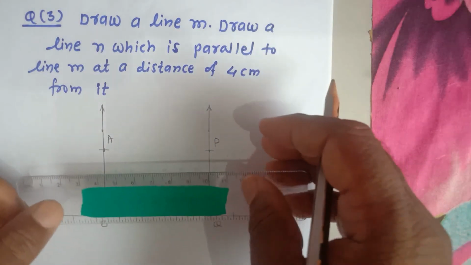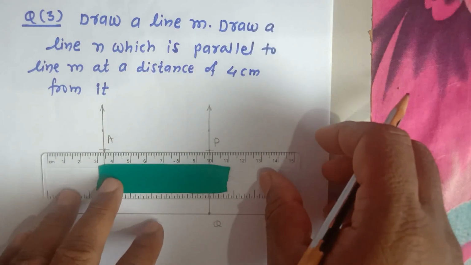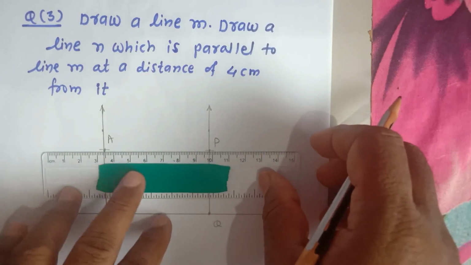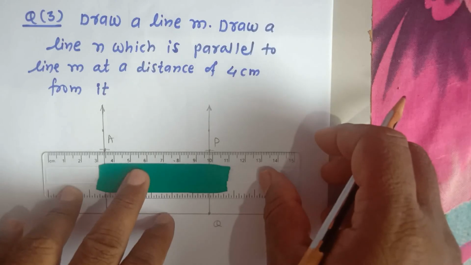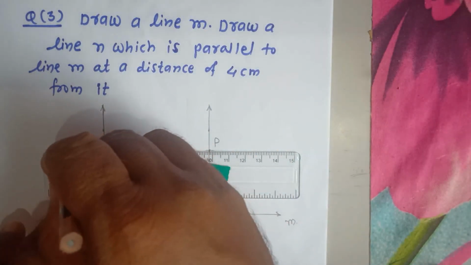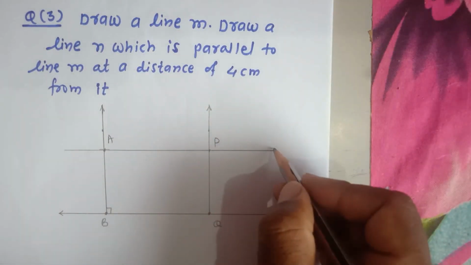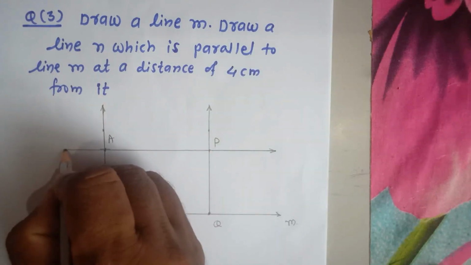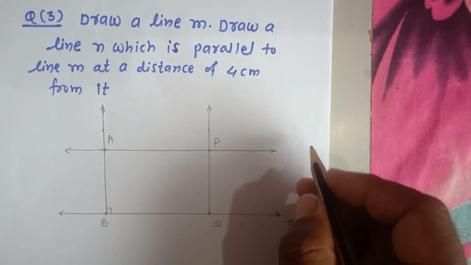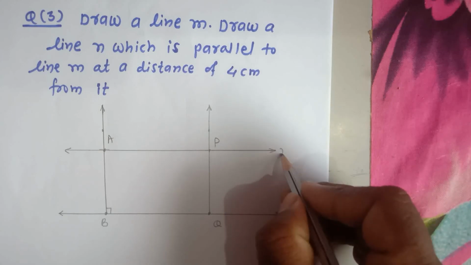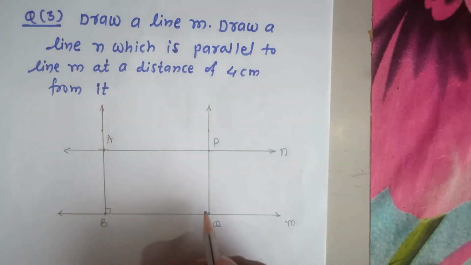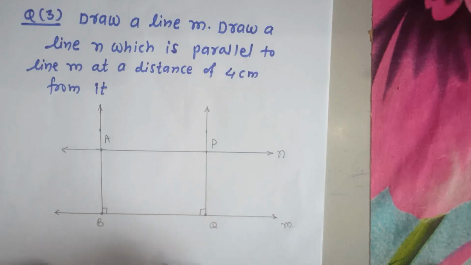Now join the points A and P and draw a line passing through these points A and P. And denote this line by N. Thus, line M parallel to line N here.